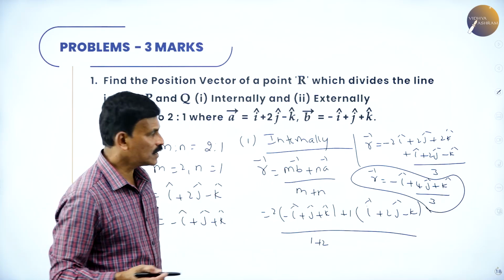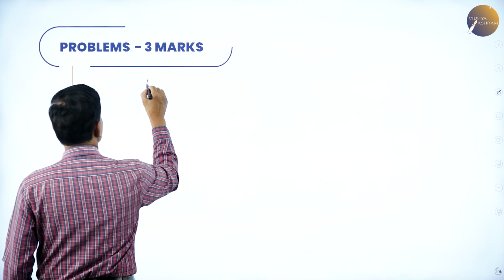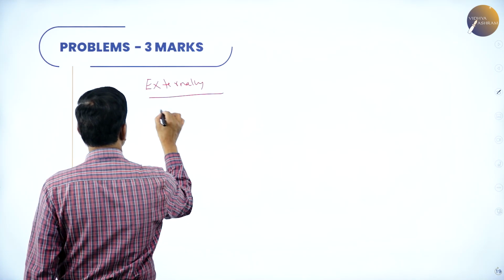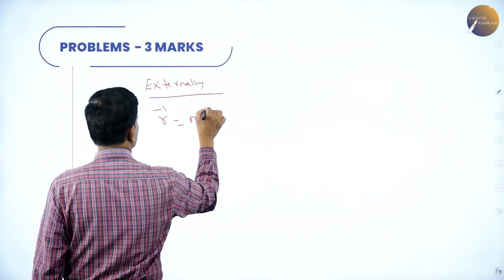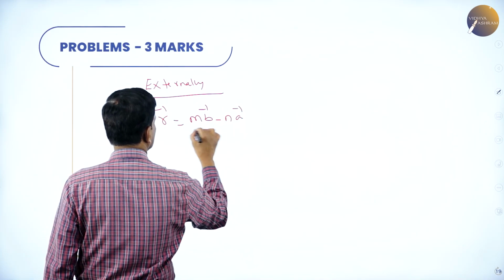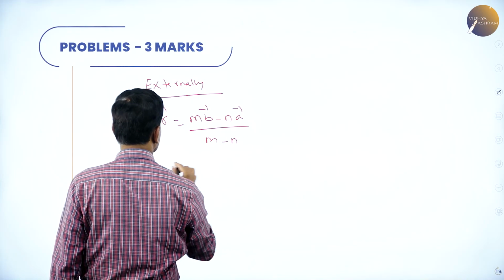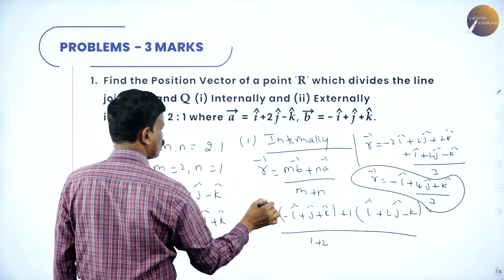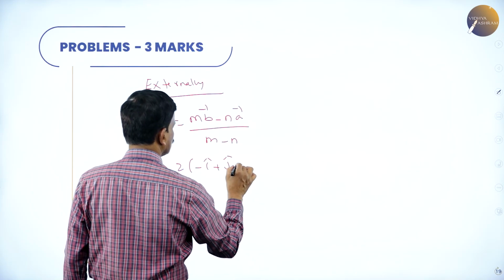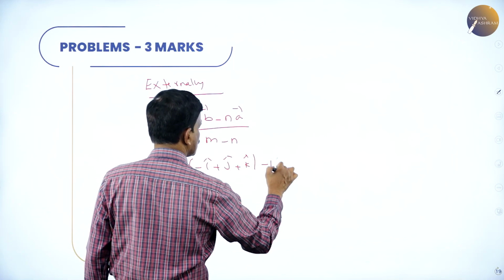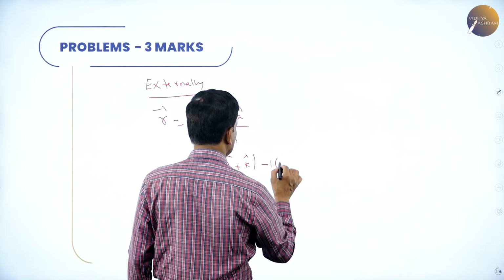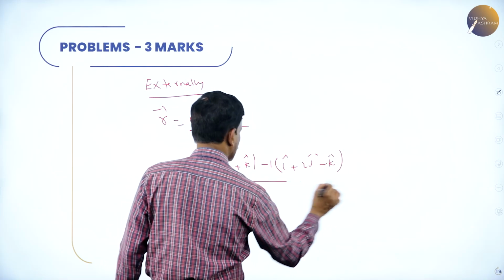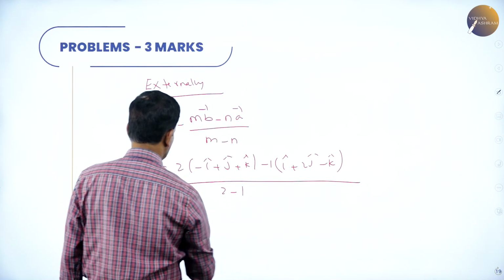Now to find external division, so externally, second one. Externally, vector R is equal to m into vector B minus n into vector A divided by m minus n. That's it. What is m? m is 2 into minus i plus j plus k, minus n is 1 into i plus 2j minus k, divided by m minus n, which is 2 minus 1.